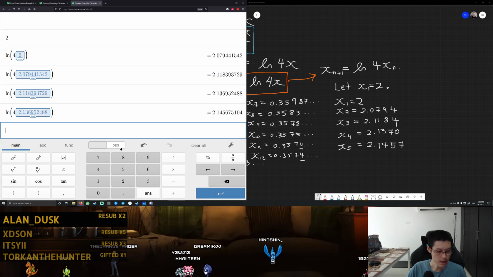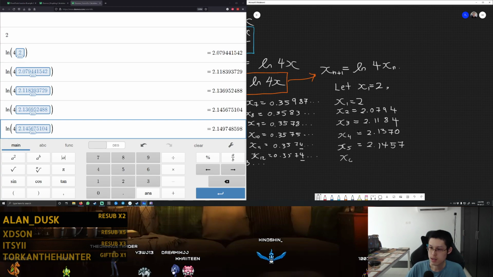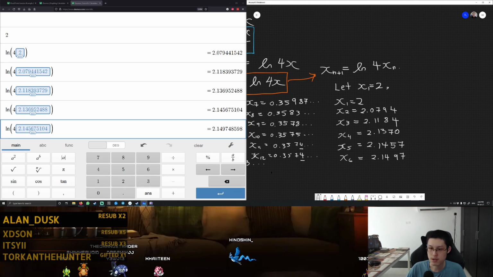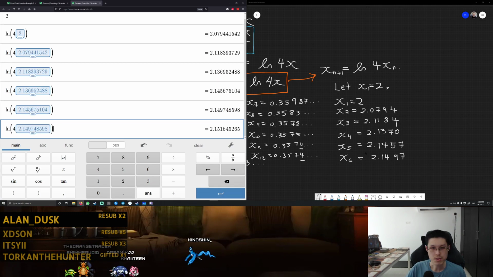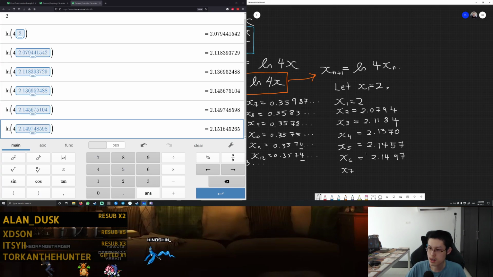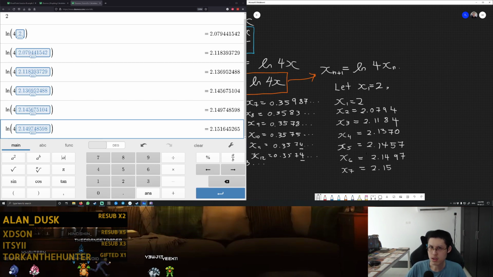Press enter again. Yes, it is very tedious, but it is what it is. So you keep going until the 4th decimal stops changing. Usually the question will tell you exactly when to stop. They'll say, keep going until the 3rd decimal stops changing, or until the 2nd decimal stops changing.